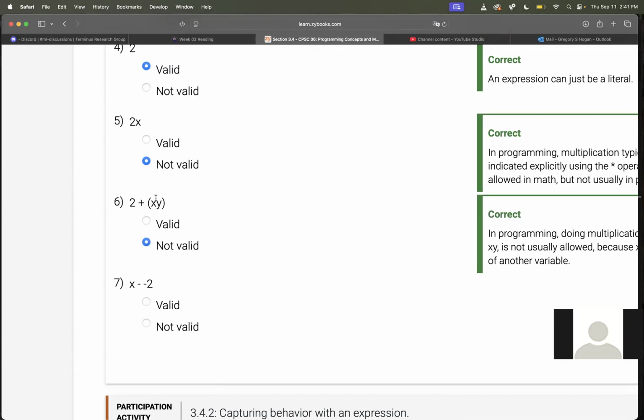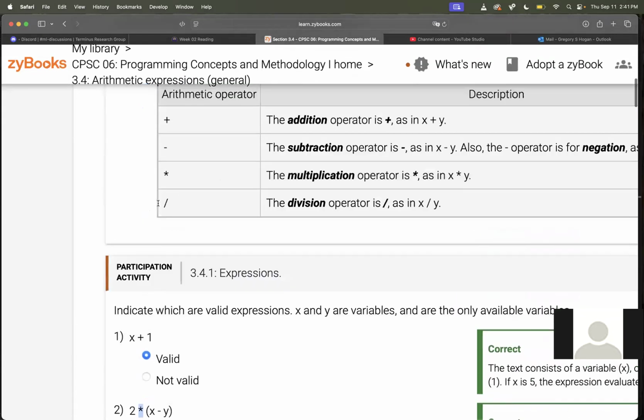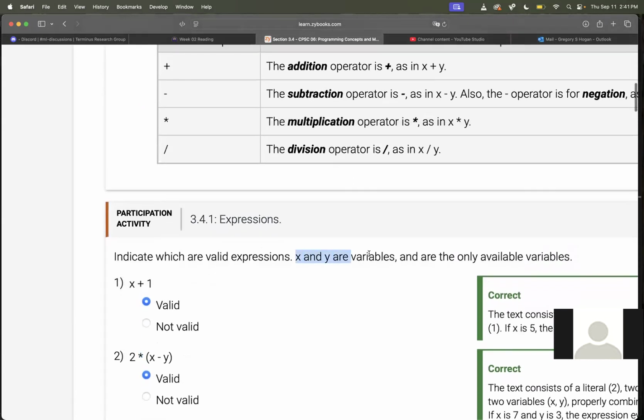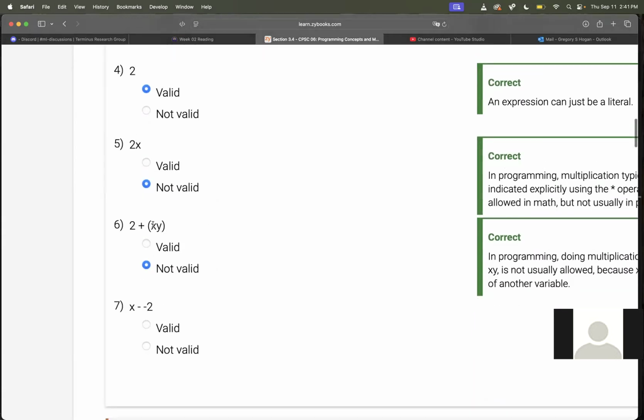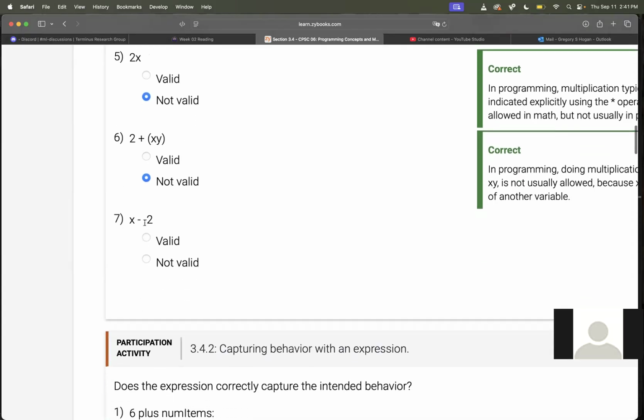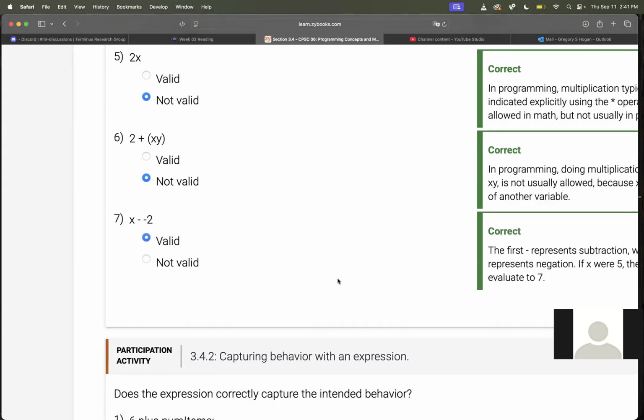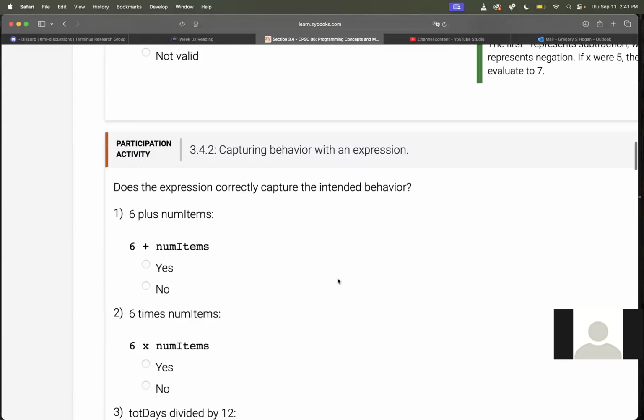And this does mean x times y because they told us specifically here these are the only variables are x and y. So this is not allowed. You would have to put the asterisk between the x and the y to make it real multiplication. Could you do x minus minus 2? Yeah. Minus a minus is a plus. Okay.